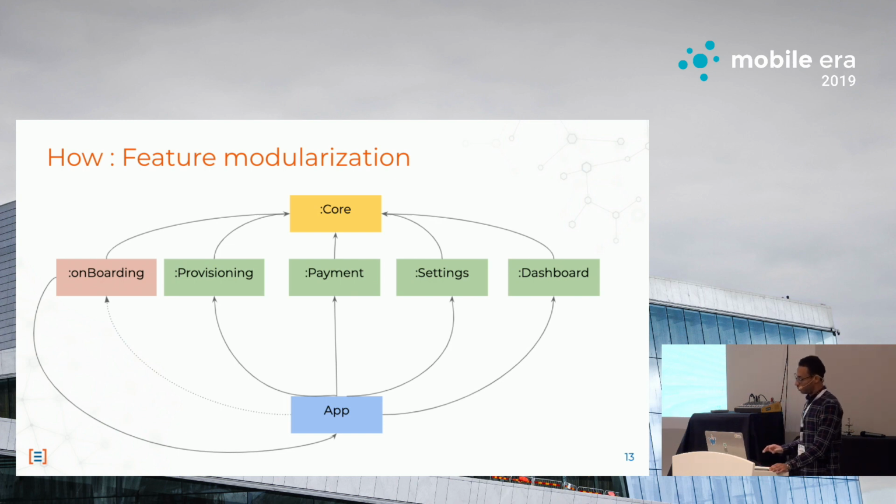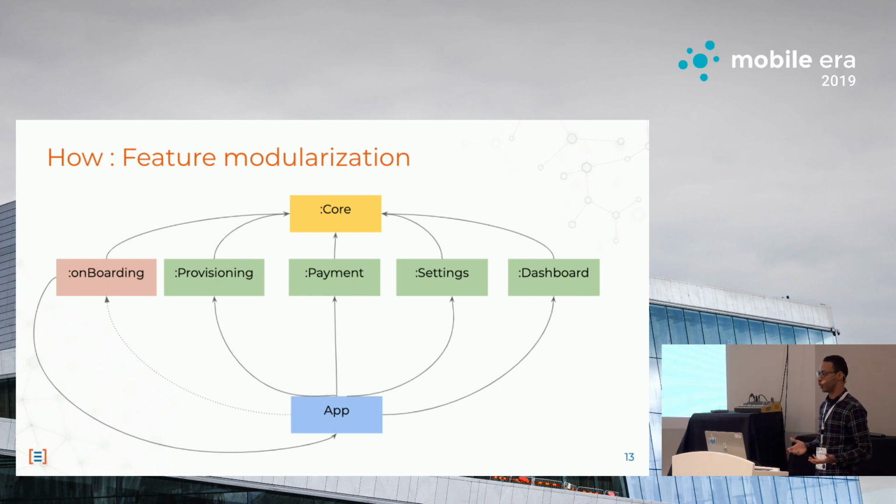Okay, with the app over here, we have a problem with navigation. Each library can handle its own navigation inside the feature with the navigation component easily. But the problem is when you go from provision to payment or from payment to setting, this is navigation between features.